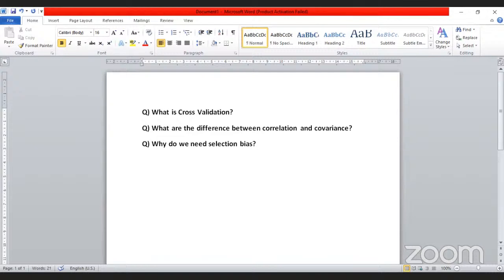Every time we need the data or sample to be randomized. If that is not randomized, whatever statement we make will not fulfill the requirement of the population data, right? So selection bias helps us find out whether the selected data is right for analysis or not. Is it clear? Why do we need selection bias?